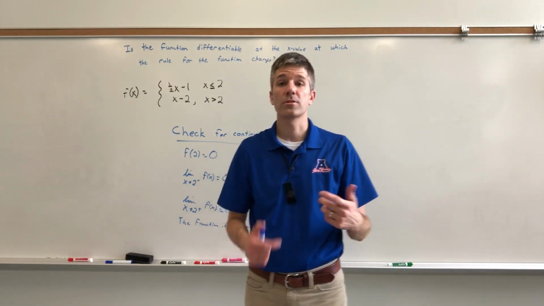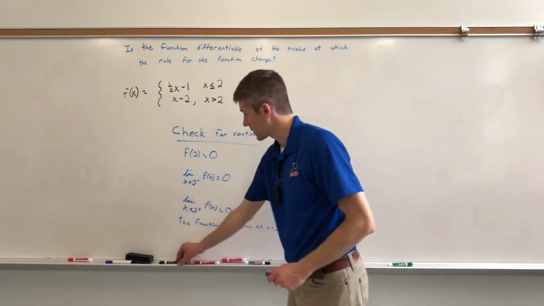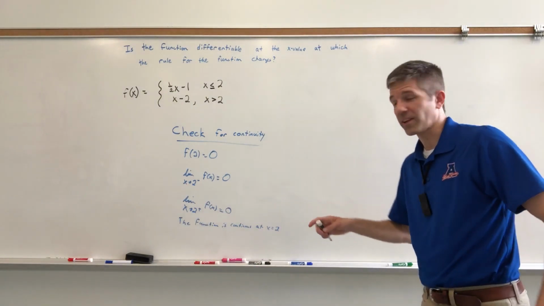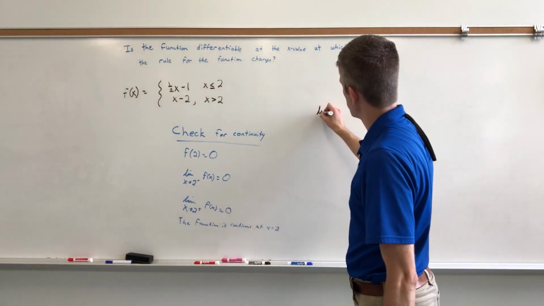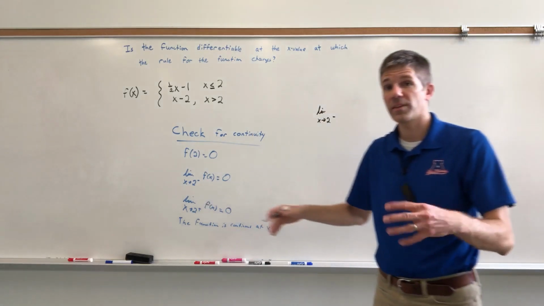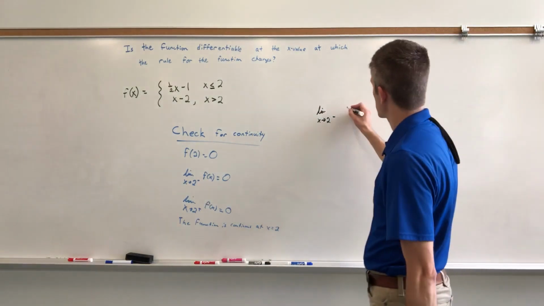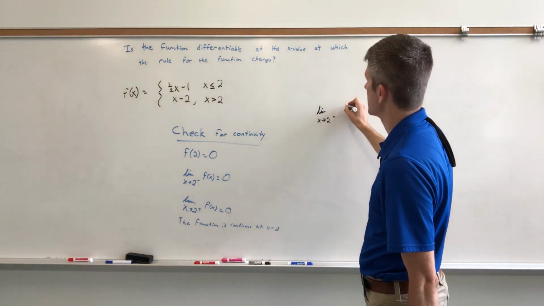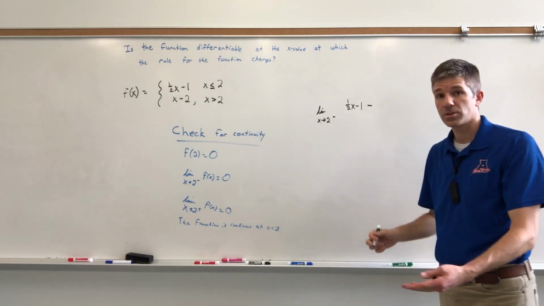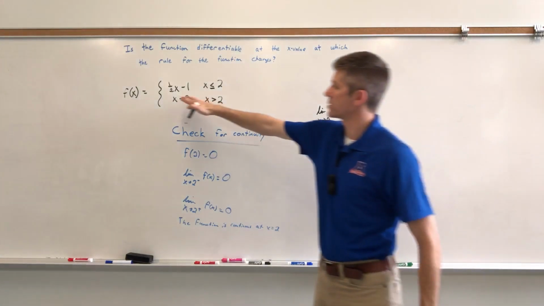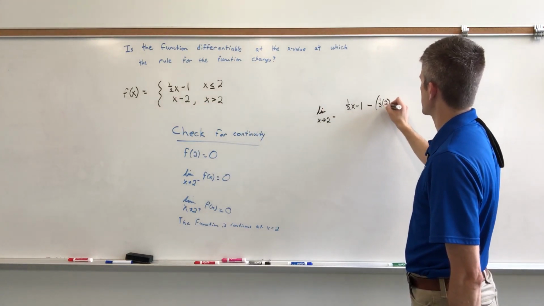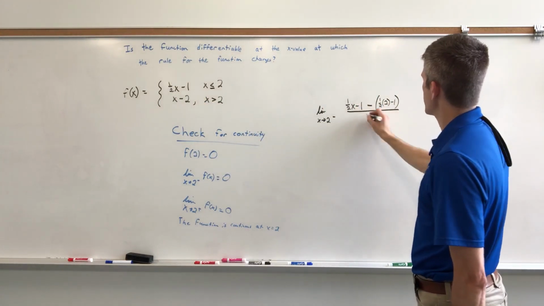Now we're going to have to use the formula that we just used, and we'll switch colors. It's for fun. We're going to find the limit as x approaches 2 from the left. We're going to find the limit of the slope, and that is going to be f of x, 1/2 x minus 1, minus what I get when I plug 2 in from the left, which is this piece right here, 1/2 times 2 minus 1, all divided by x minus 2.